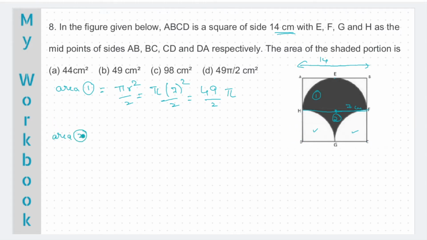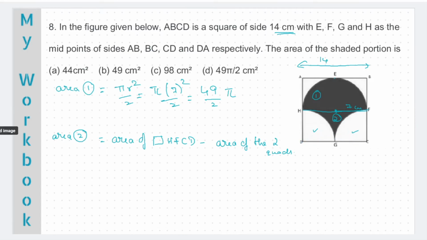So area of portion 2 is nothing but area of rectangle HFCD minus area of the two quadrants. These are the two quadrants drawn with D and C as the center respectively. Now when we add the area of the two quadrants, we will get the area of the semicircle, right?